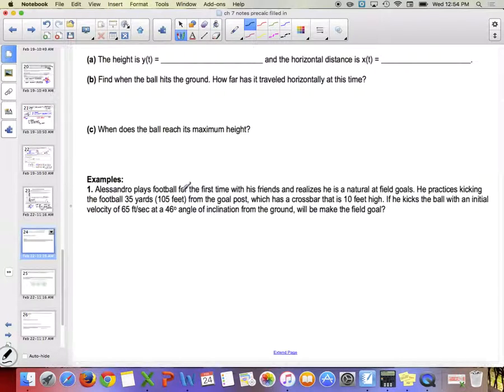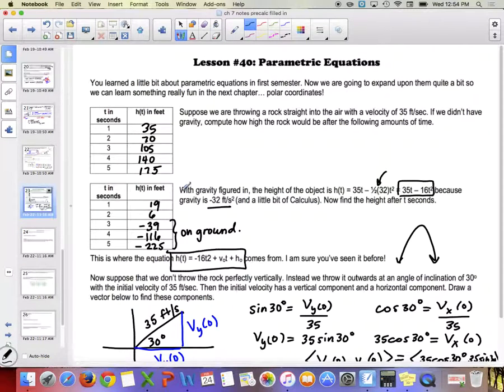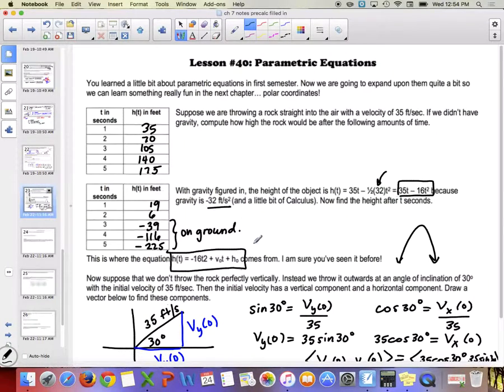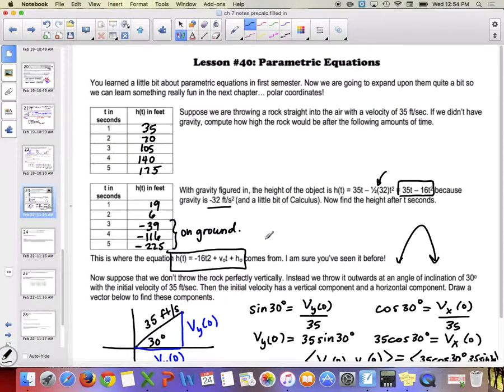Okay, so then the height is affected by gravity, right? So your height equation ends up being y of t equals, it started at a height of 0, right? Well, I didn't really say we're starting at a height of 0. And we use our height equation: negative 16 t squared plus our initial velocity times t plus our initial height.